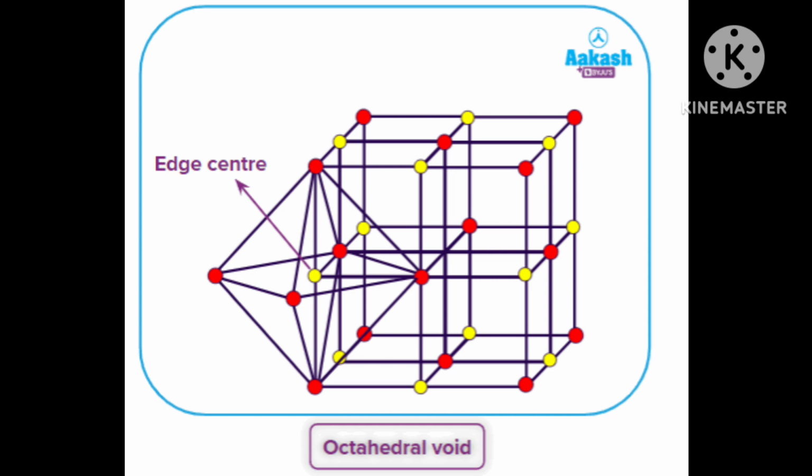So very easily you can understand that each cell has 1/4 contribution. There are 12 edges, and each edge belongs to 4 cubic cells, correct?